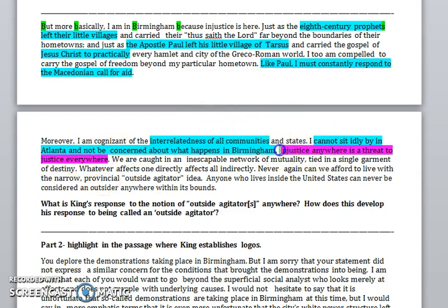So we have antithesis. We have injustice anywhere, and I'm just going to underline that, is a threat to justice everywhere. So that is antithesis. That is antithesis right there for you, where he's saying injustice anywhere is a threat to justice.